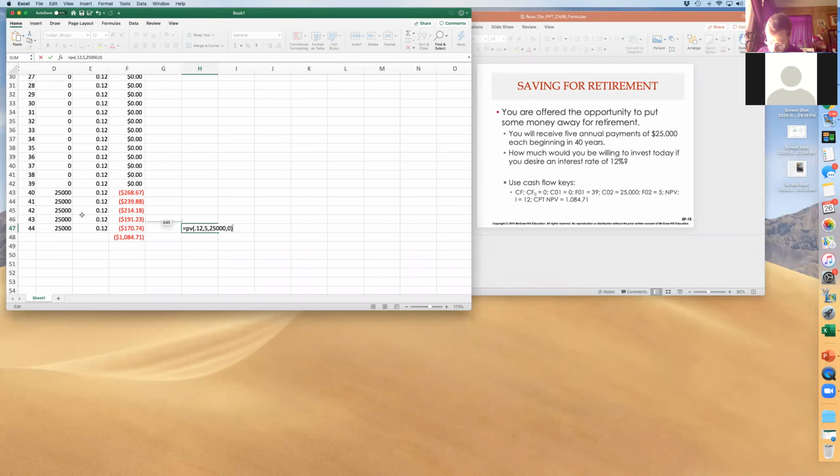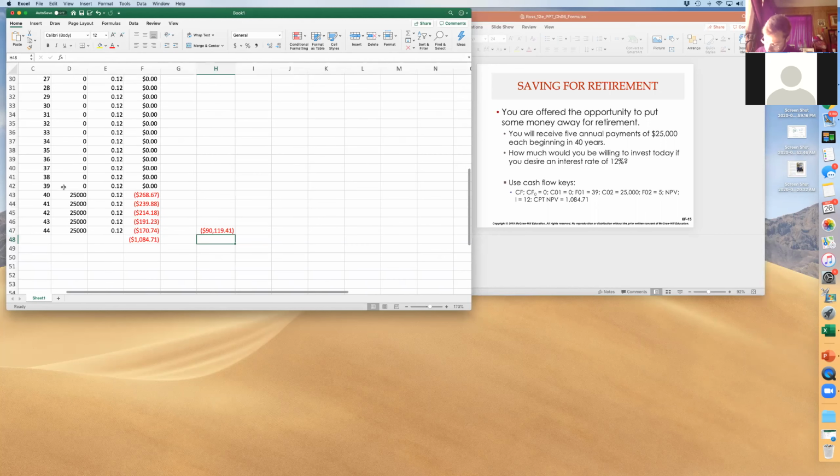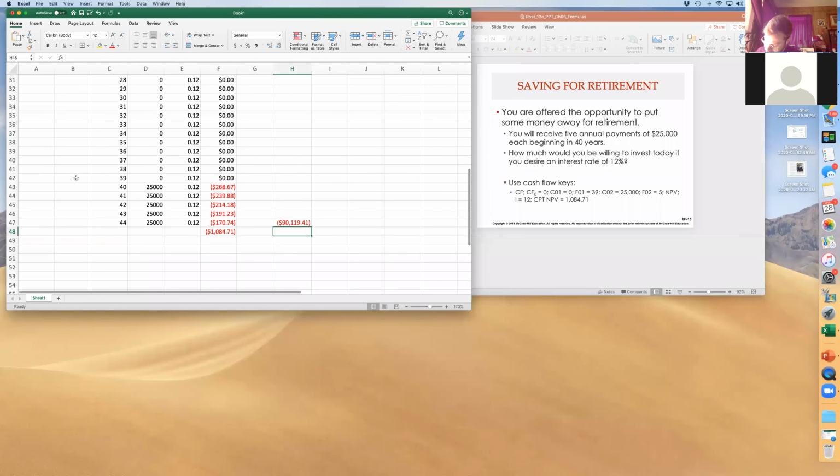It's calculating it at time period 39. Right? So I'm going to hit equal, and you see that value. What we've done is we have converted 5 payments of $25,000 into one single lump sum future value at time period 39.